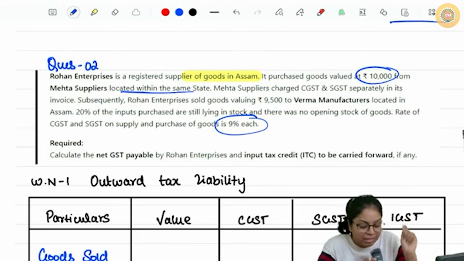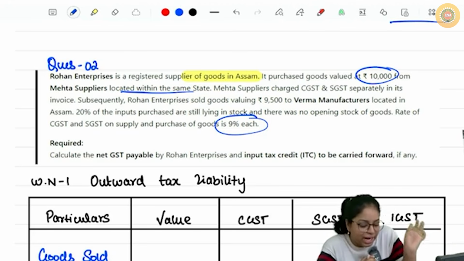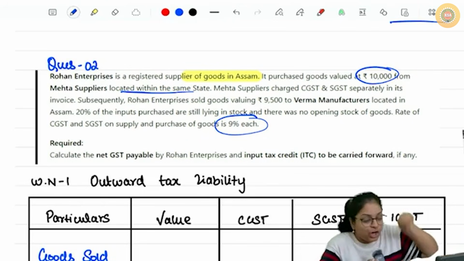Mehta suppliers charge CGST and SGST separately in its invoice, which is great.